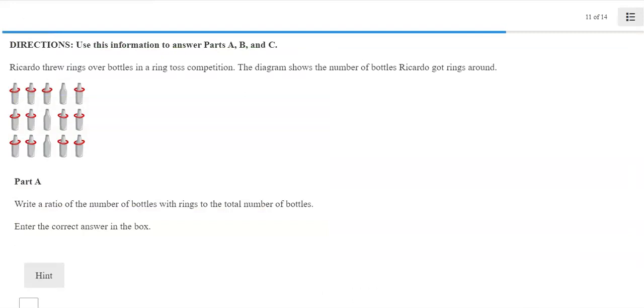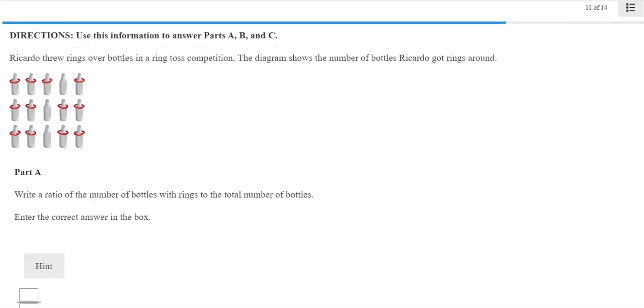Number 11. In your book, it's number 18. Ricardo threw rings over bottles in a ring toss competition. The diagram shows the number of bottles Ricardo got rings around. We're going to write a ratio of the number of bottles with rings. So let's count how many bottles have rings. 1, 2, 3, 4, 5, 6, 7, 8, 9, 10, 11, 12.